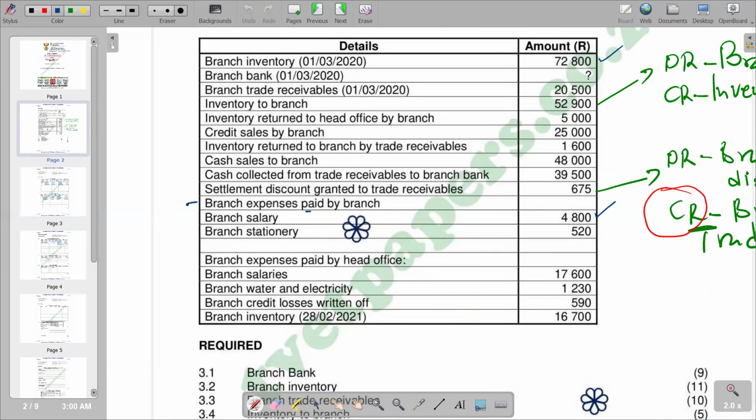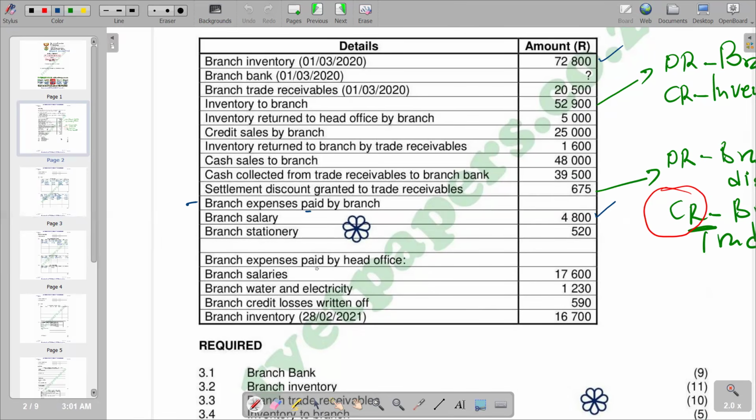So we go to the next part where they're saying branch expenses are paid by head office. These ones were paid by head office, so we are not going to enter them in the branch bank, because it's not the branch bank that paid these expenses.